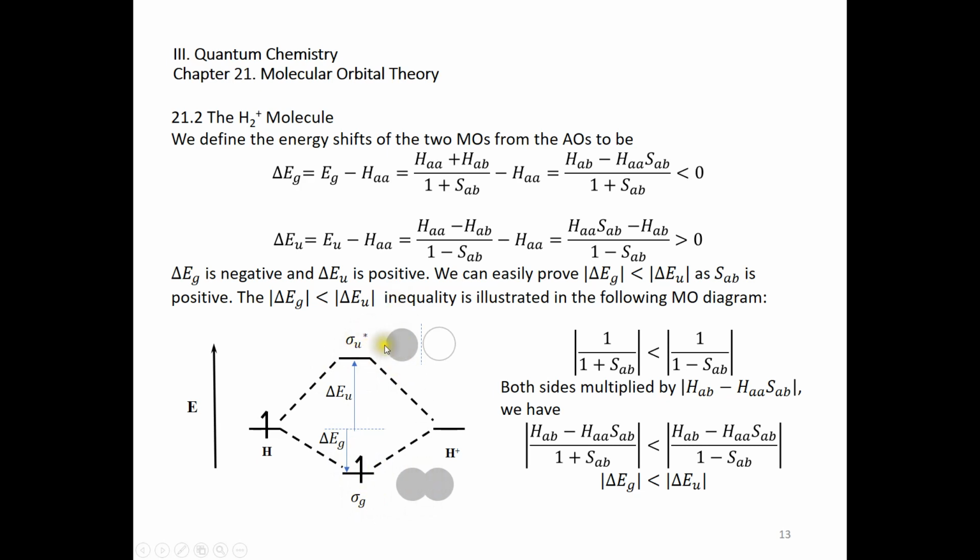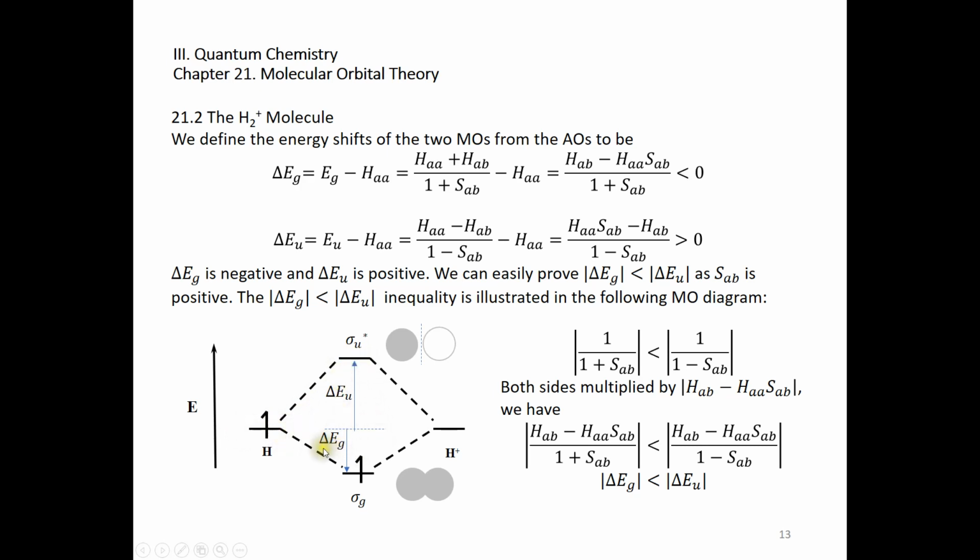Over here, when we look at the anti-bonding orbital, we have a nodal surface right in the middle between the two nuclei. Now you can see this sigma g has lower energy than the atomic orbital energy. Sigma u has higher energy than the atomic orbital energy in the hydrogen.